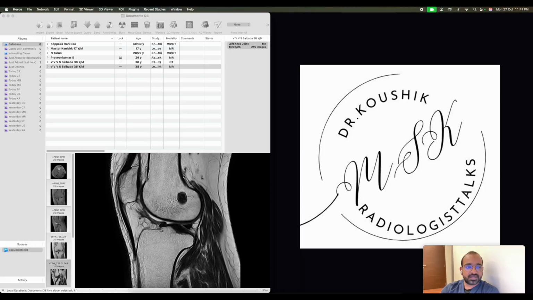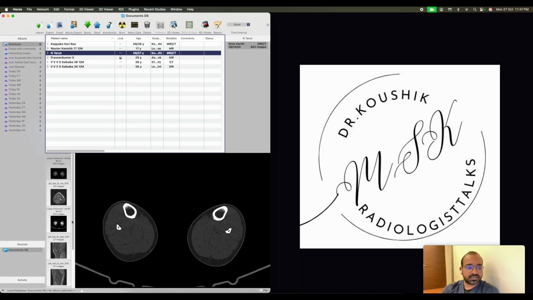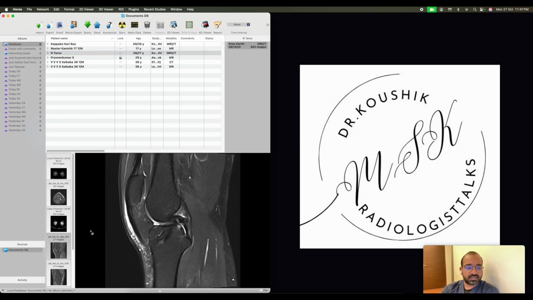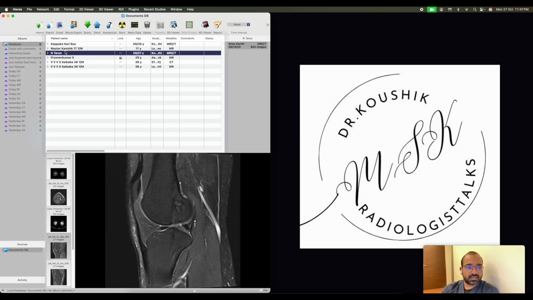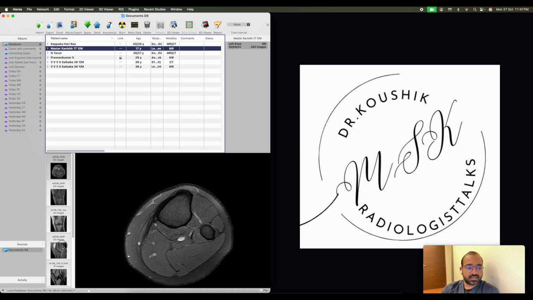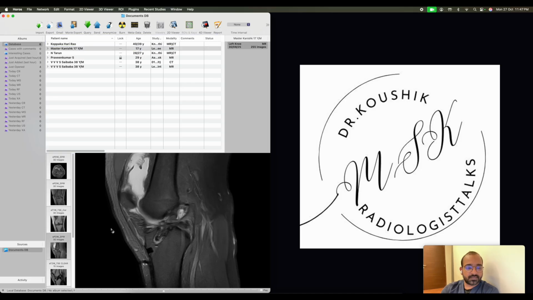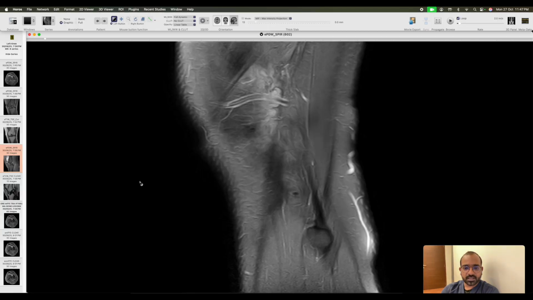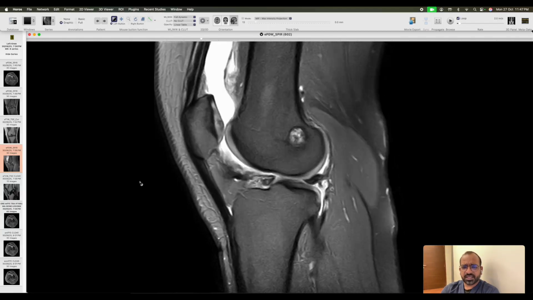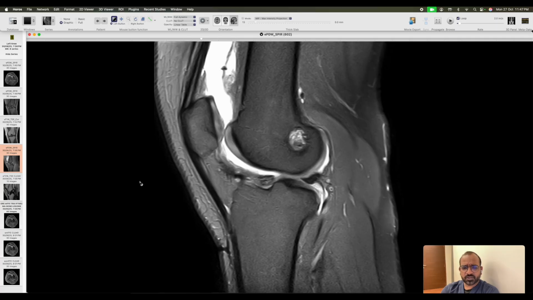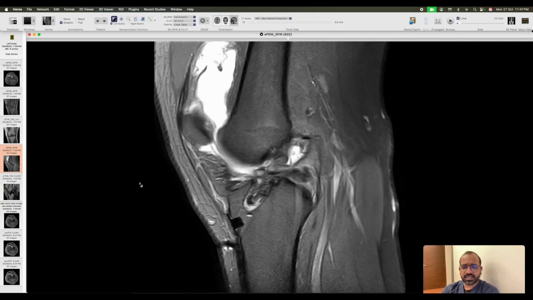Let us see this case and close. This is also post ACL reconstruction. Grossly, the femoral tunnel appears normal, the tibial tunnel appears normal, but how is the ligament?